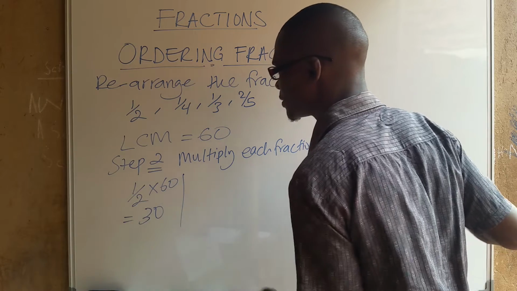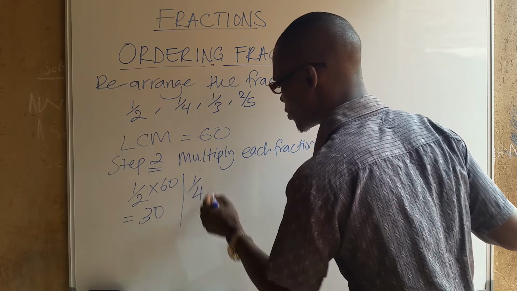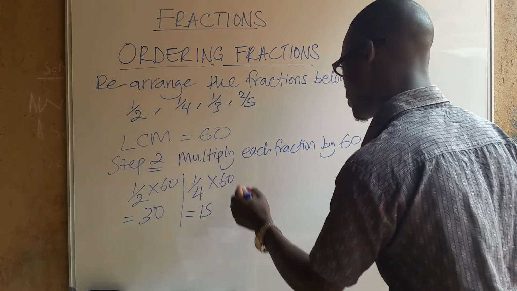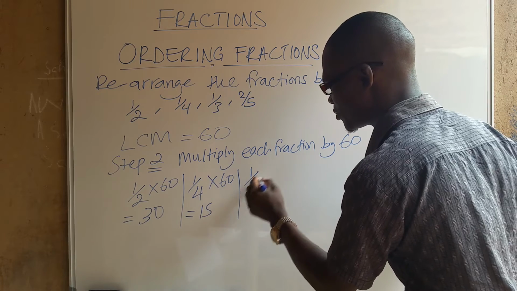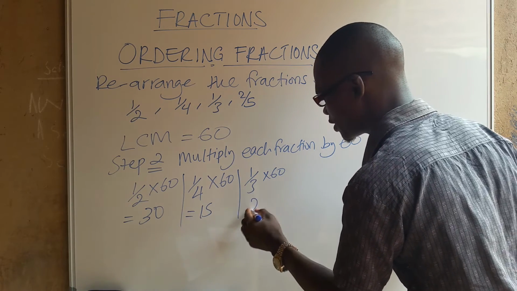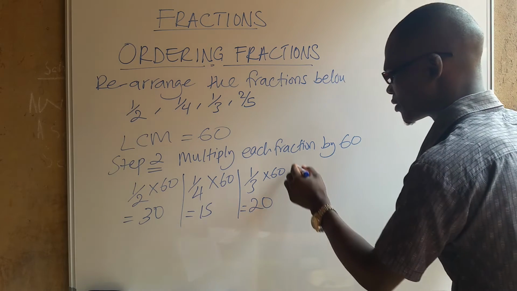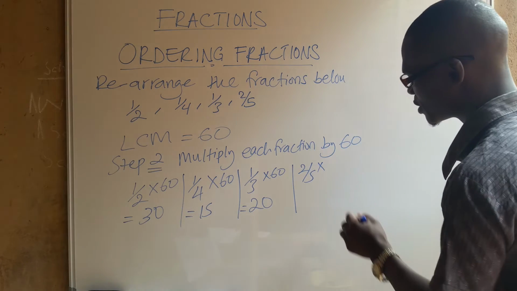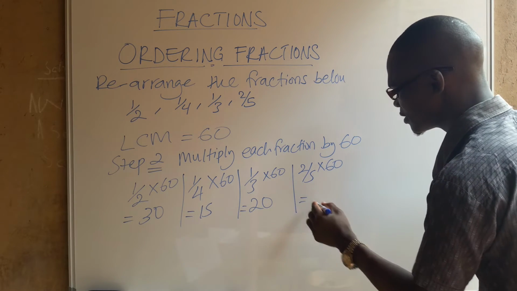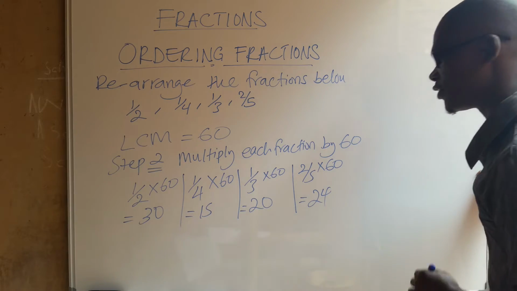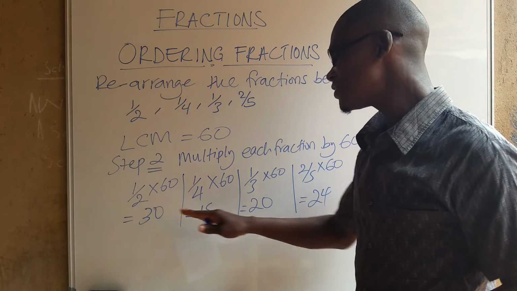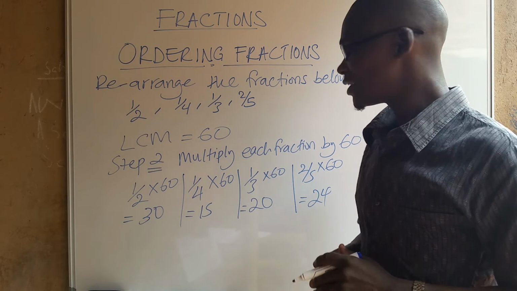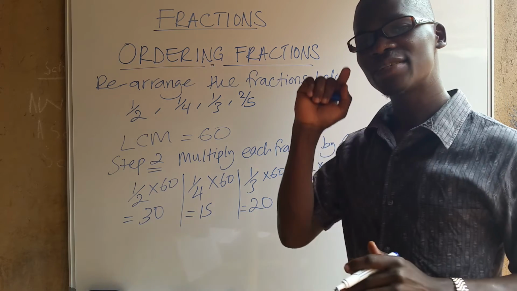We shall have a quarter times 60, which gives us 15. We shall have a third times 60, which gives us 20. We shall have 2/5 times 60, which gives us 24.